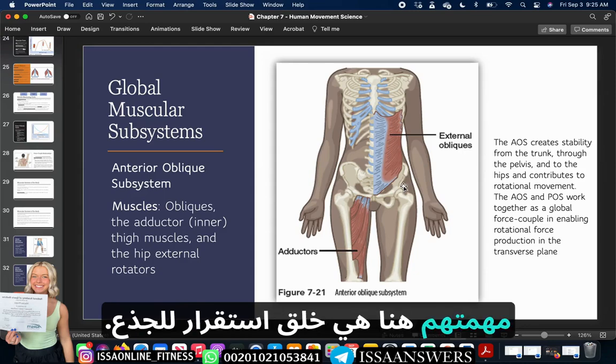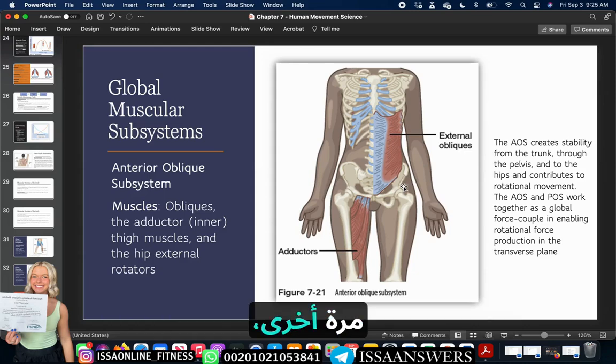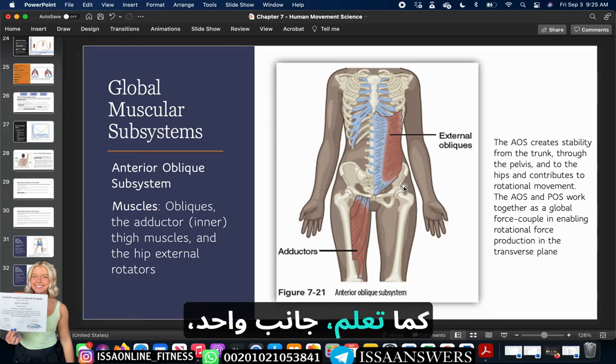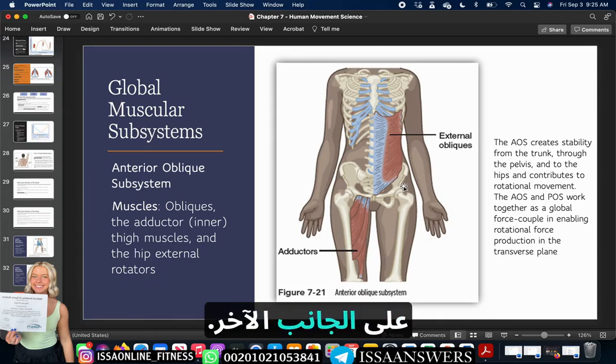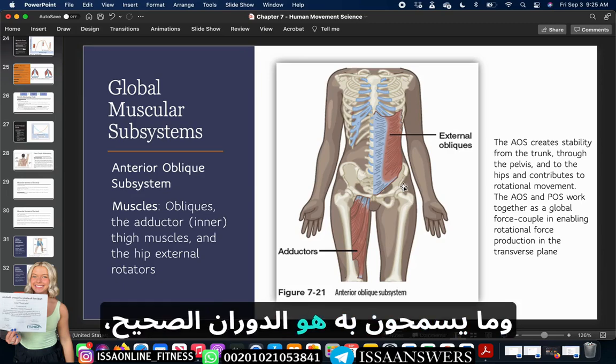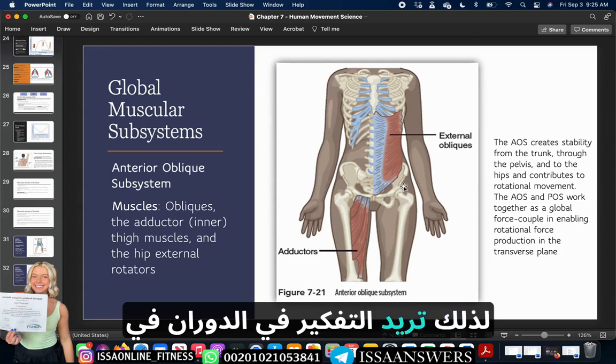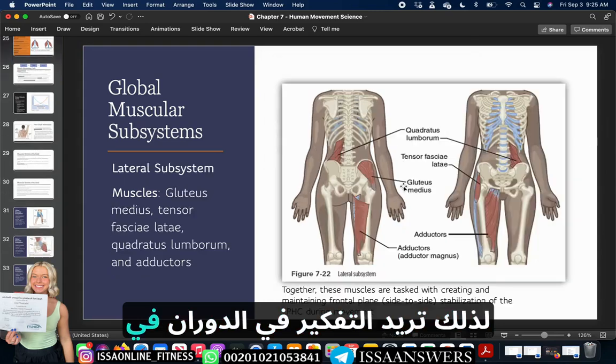Now their job here is to create stability of the trunk. So again, your opposing sides: your adductors are on the one side, your obliques are on the other, and what they allow for is proper rotation. Oblique meaning to the side, so you want to think about rotation at this point.